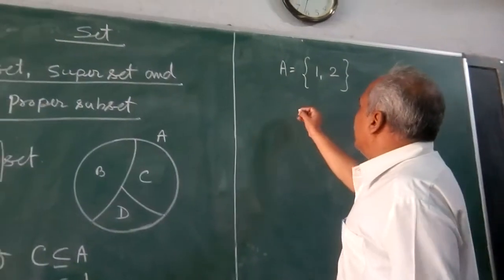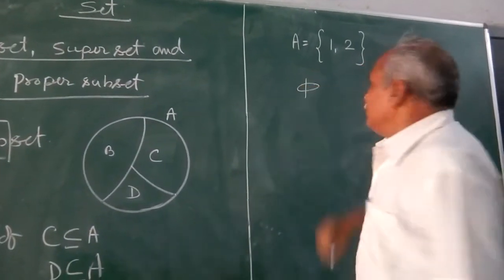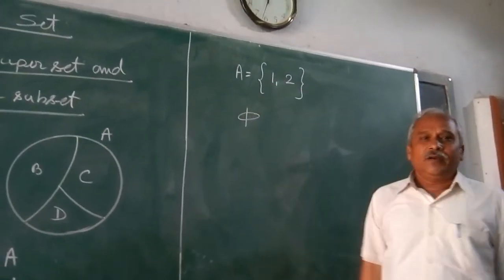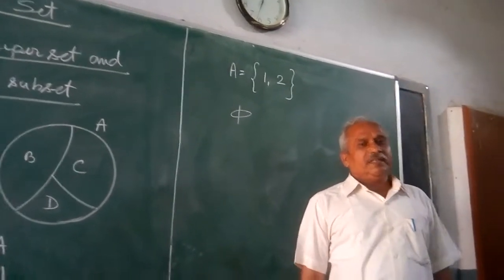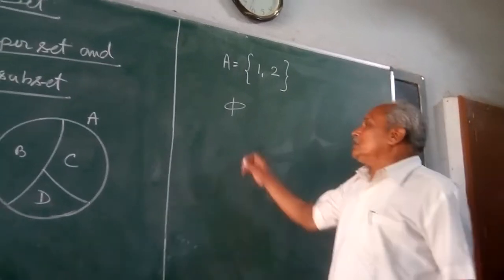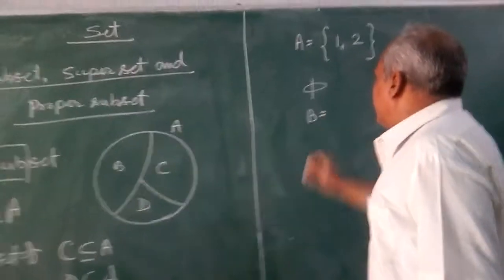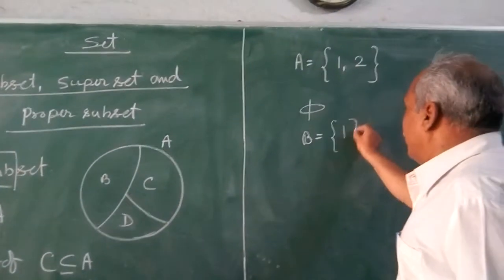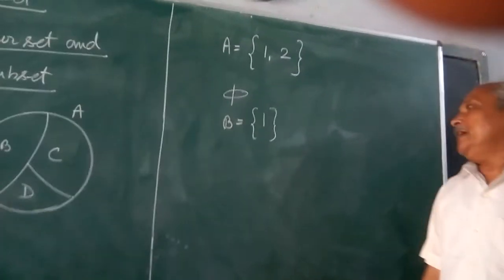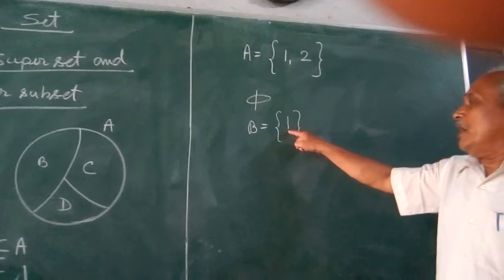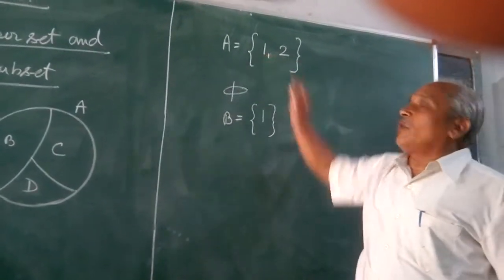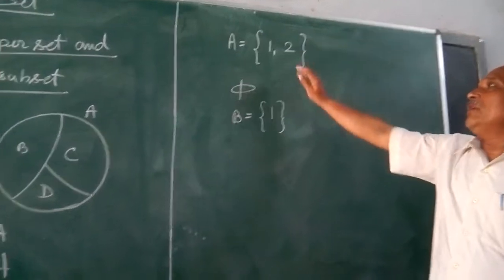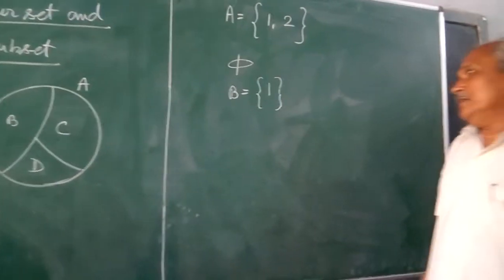Suppose I take a set phi, meaning a set is made from A without taking any of its elements. Suppose I take a set B by taking one element. B is a set which has the element 1, and this element is taken from A. The phi has no element. Without taking any element of A, we have made a set.